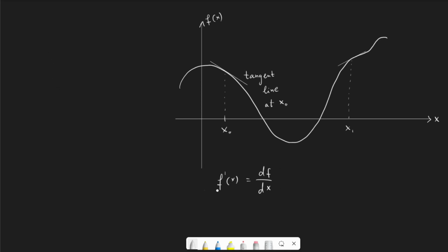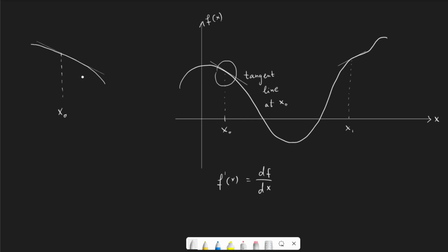But how do we actually express this fraction? And for this, I will zoom into this part of the function where we are calculating our slope, and I will draw here the zoomed area of the function. So here is our tangent line, and let's say here is our input x0.